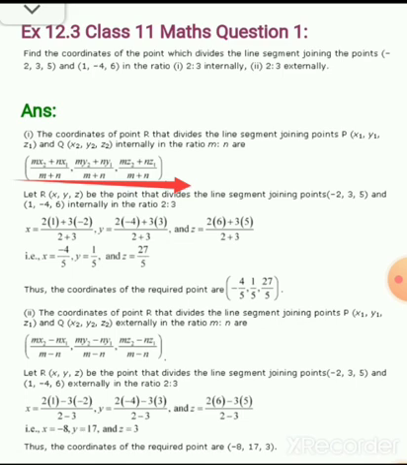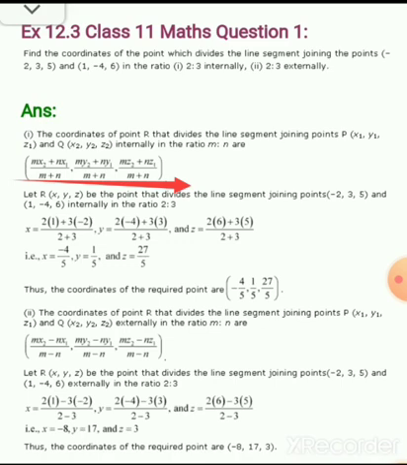So here first we have to find the point R(x, y, z) that divides the line segment joining the points (-2, 3, 5) and (1, -4, 6) internally in the ratio 2:3.